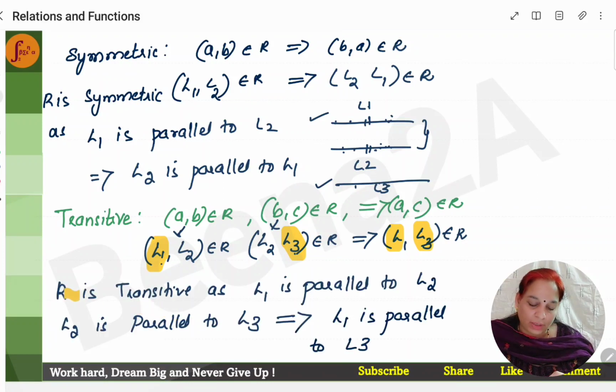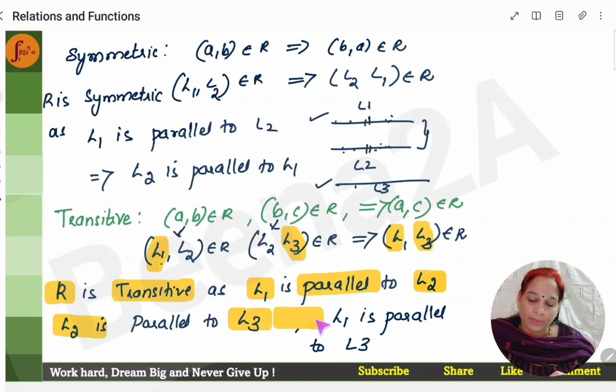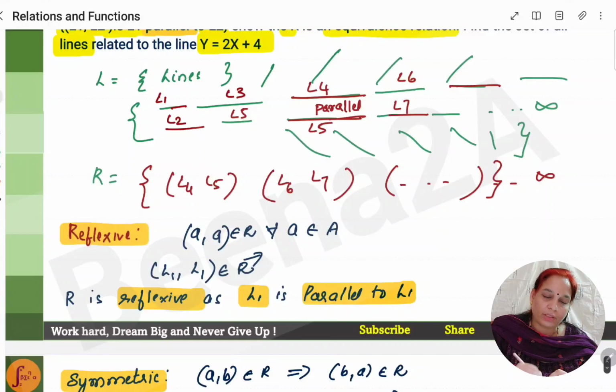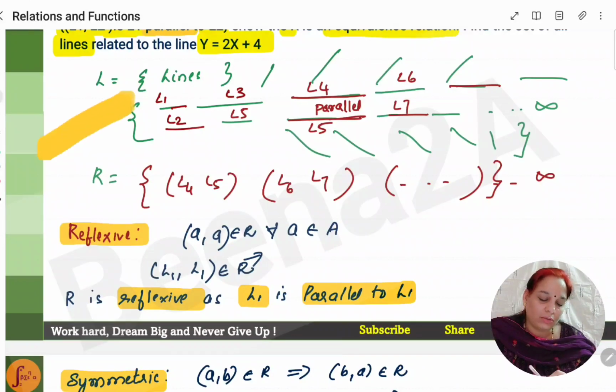So I should write this as R is transitive as L1 is parallel to L2 and L2 is parallel to L3 implies that L1 is parallel to L3. Now, since the relation is symmetric, transitive and reflexive, we can say that it is an equivalence relation.